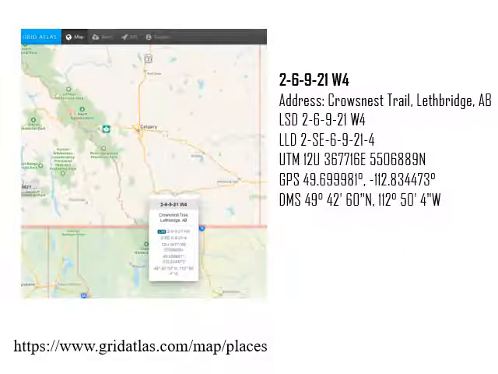So there's a handy website where you can actually see for each location in Canada the location in the different types of systems. So in the geographic system, in the UTM system, and in the local grid system. So here you have an address in Lethbridge along the Crowsnest Trail.